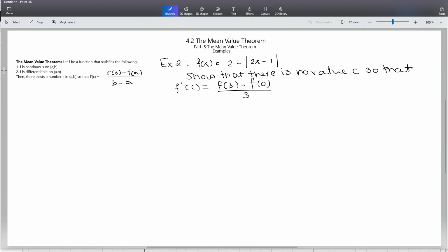And then the second part of this is, why doesn't this contradict the theorem?